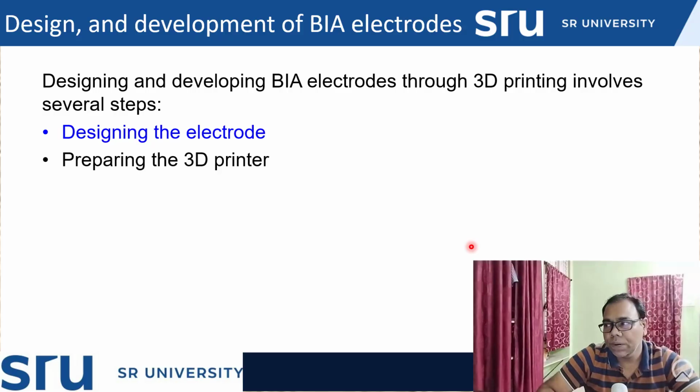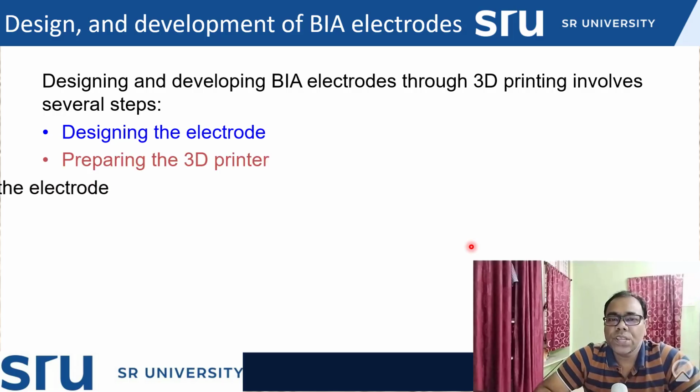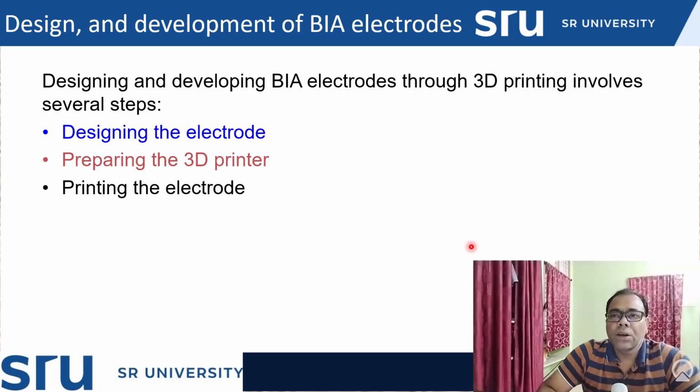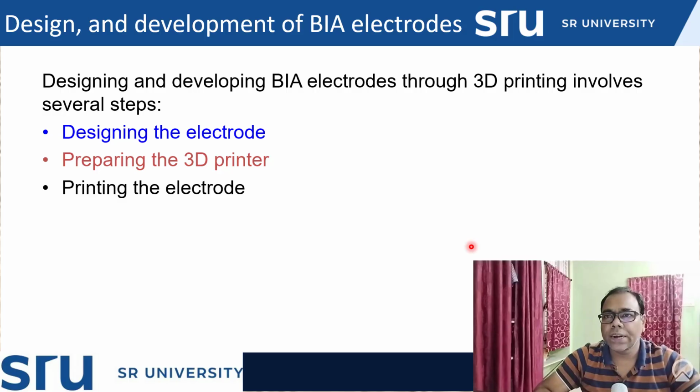Similarly, whatever other requirements there are, those have to be arranged near the machine itself. In that way, preparing the printing machine is essential. And once you are ready with the design model, have loaded the material, and have set the correct parameters, one can start the printing process.